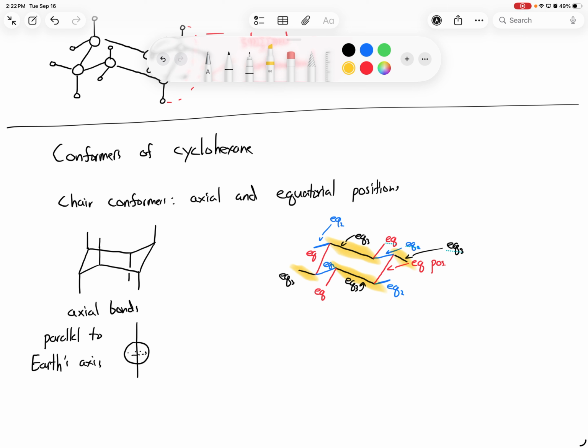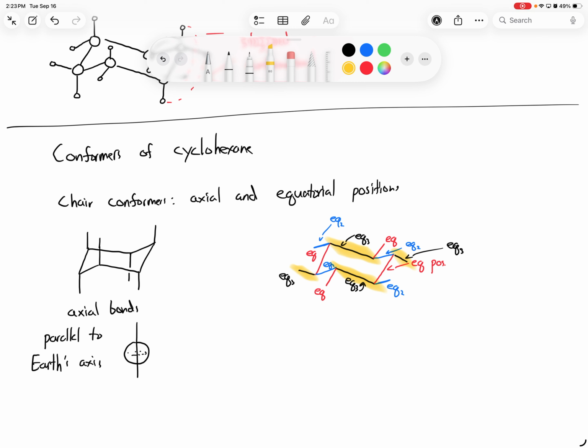Okay, so you have this bond, go skip a bond and look at the next bond. On either side, it should be parallel to that bond in the chair. Okay, and we see that by these highlighted portions there. And you can do that for any of these equatorial hydrogens. So those are the equatorial positions.